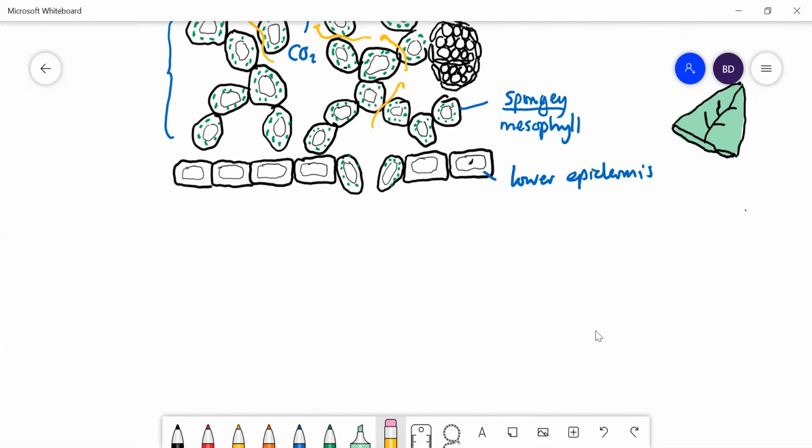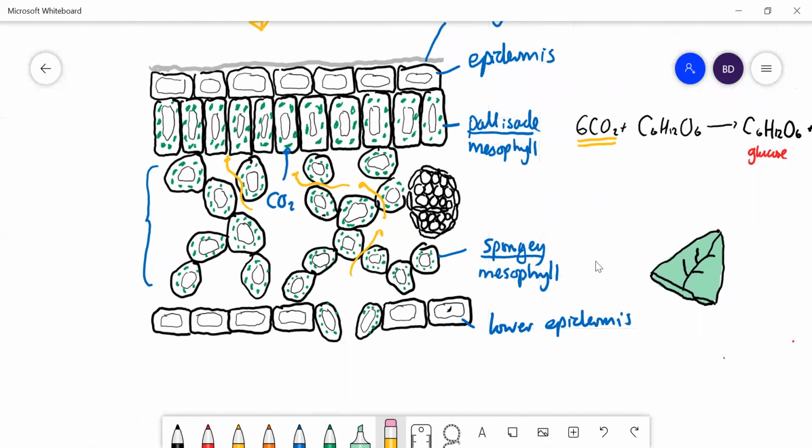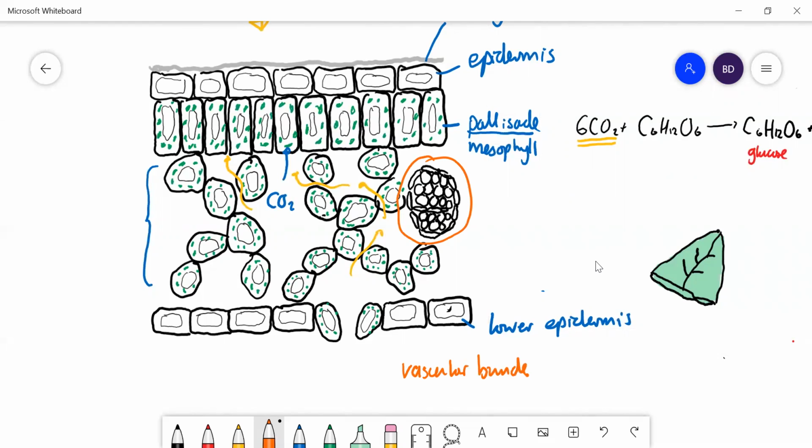Okay, the last thing we need to look at now is this group of cells here, which in everyday language we would probably call this thing, you say, oh, that's a leaf vein. The proper name for it is called a vascular bundle. Now, it's made up of two different kinds of cells. You can probably see it's kind of split into half there.